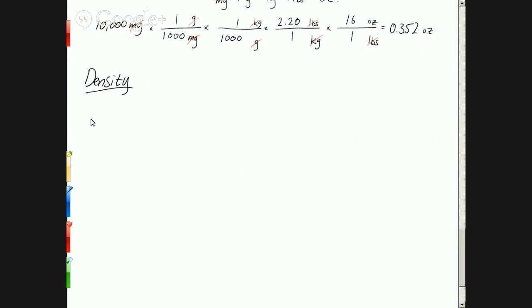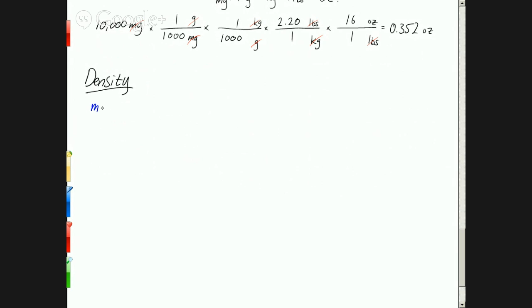Yeah. How much mass something has for its volume? Yeah, it's a measure of how much stuff is in a given amount of space. So how much mass in a given amount of volume. Volume tells us an amount of space. And then the mass of stuff inside that space is the density of that object.